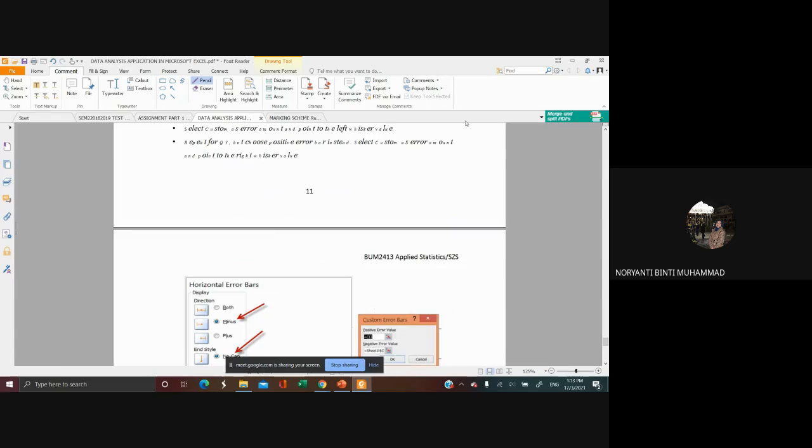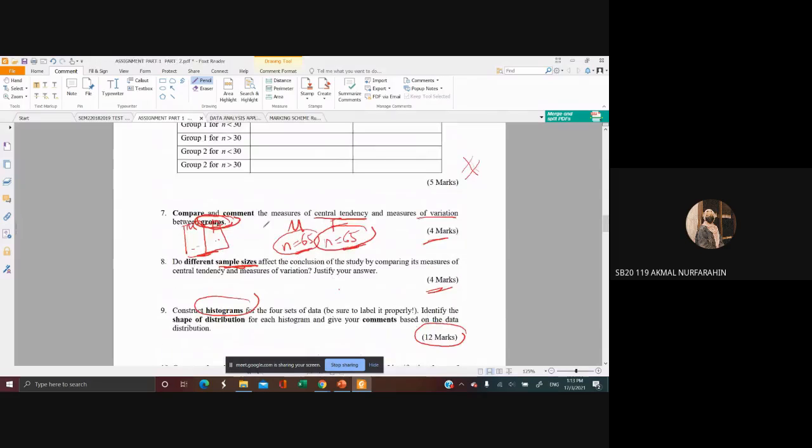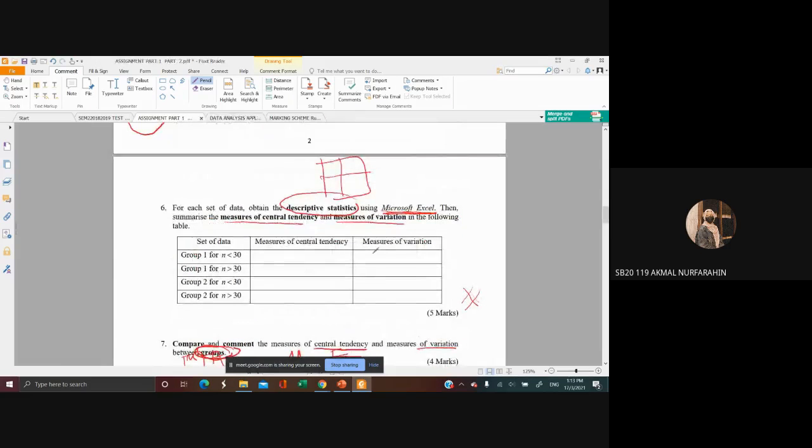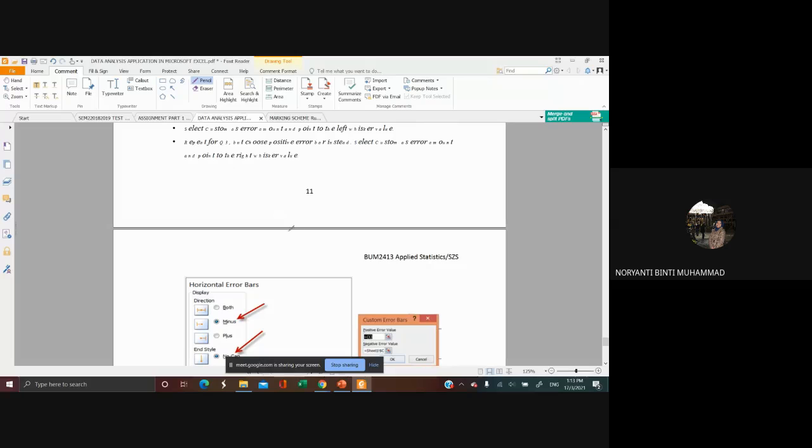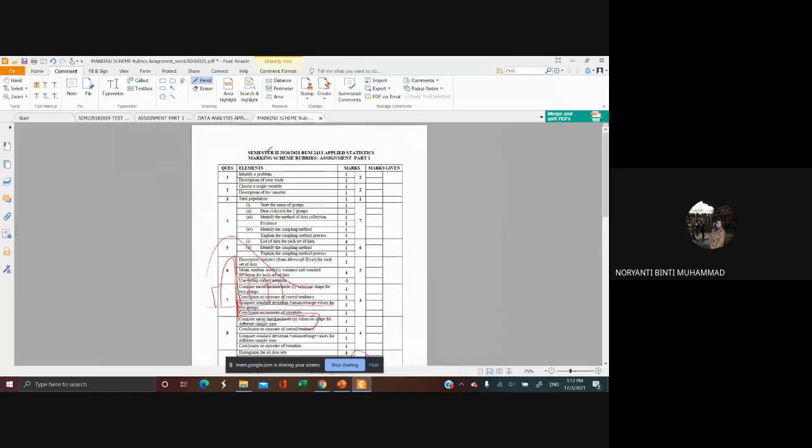Anything you want to ask? Doctor, I have a question regarding question number 6. For the measures of variation, do we need to include the interquartile range? No need, because the output doesn't have IQR. If you look at number 6, we only want mean, mode, median, variance and standard deviation.